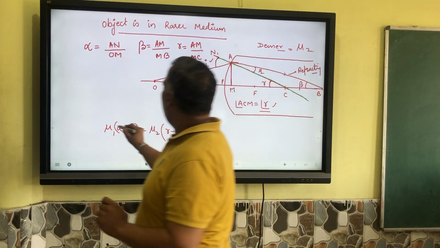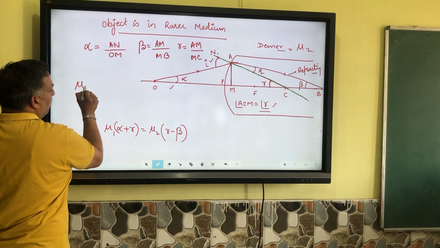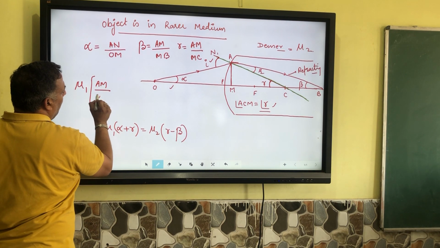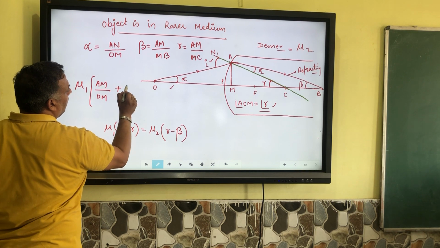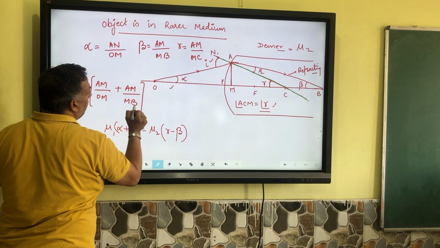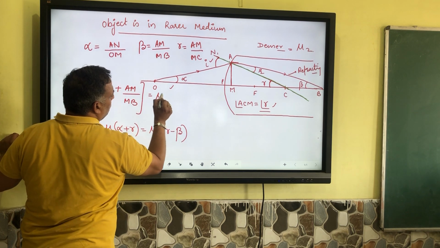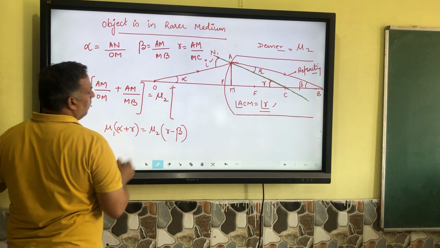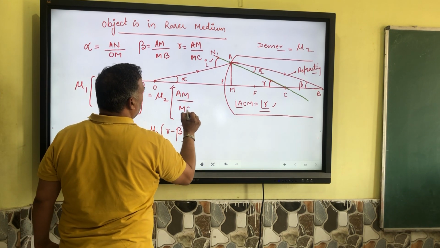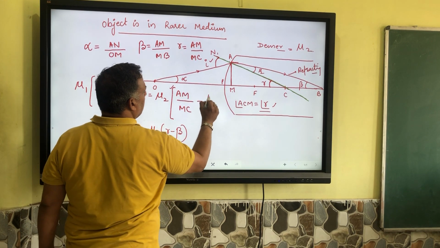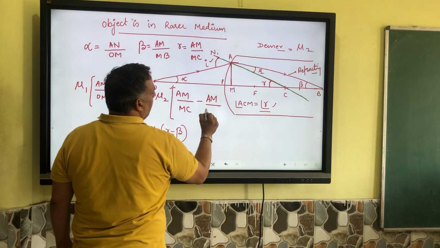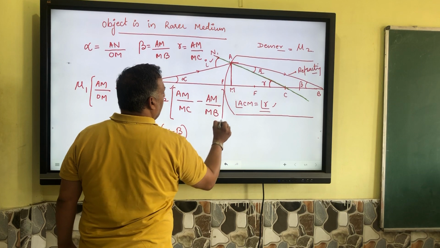If I put the values here, mu1 into AM upon OM plus AM upon MB is equal to mu2 into AM upon MC minus AM upon MB.